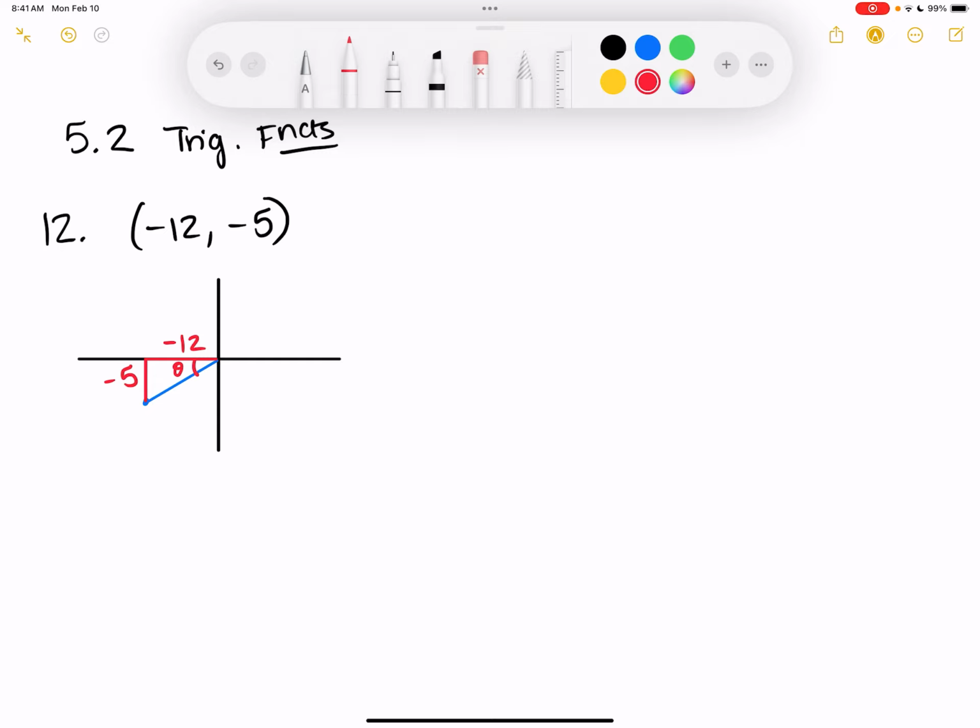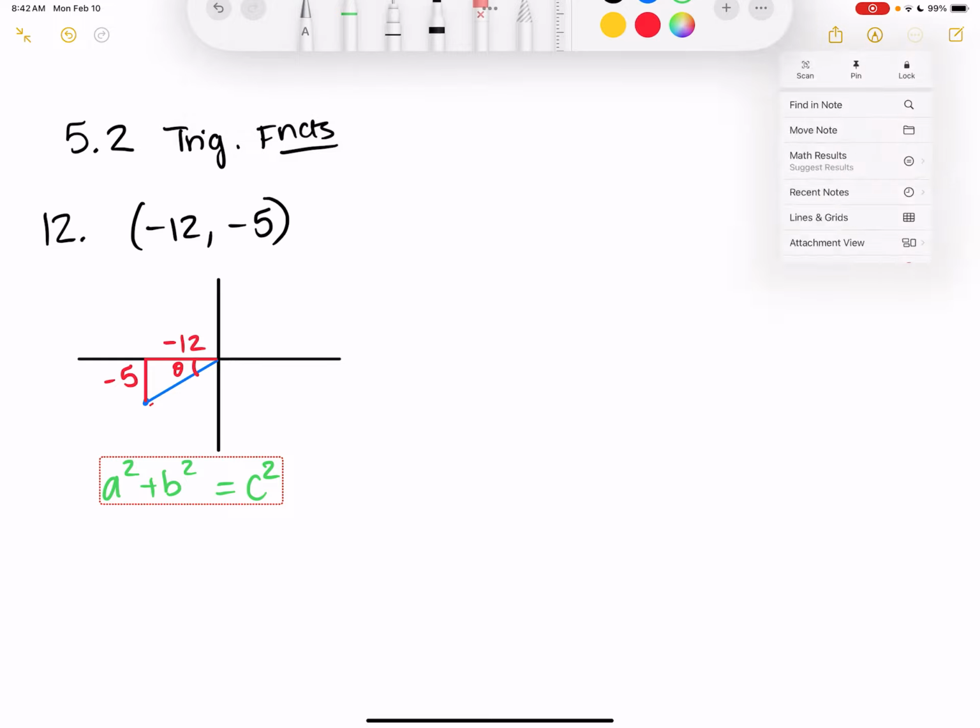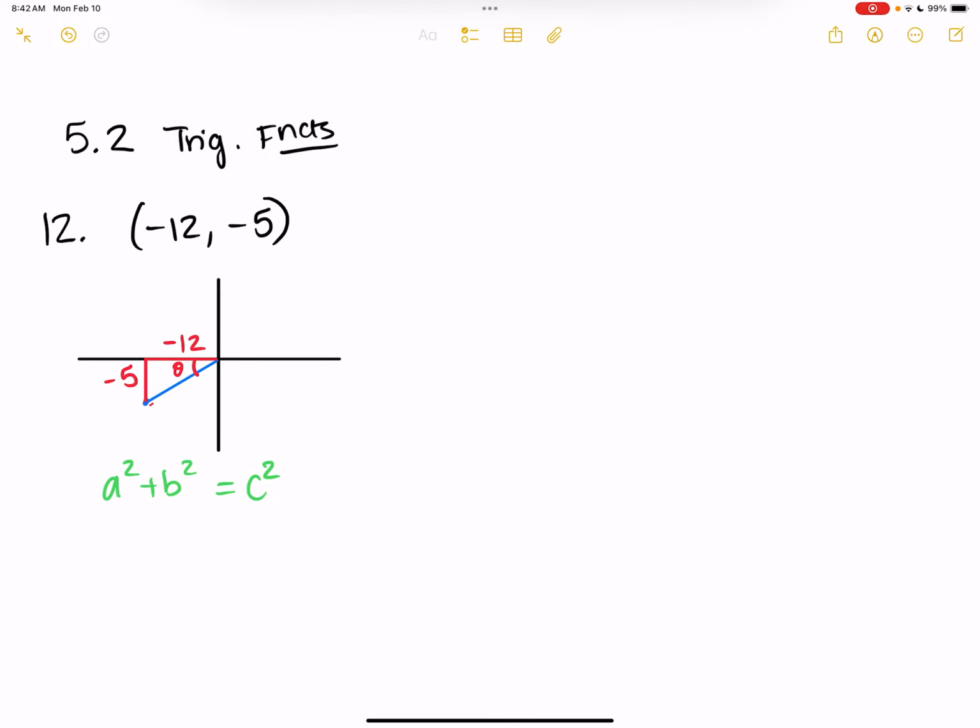So I need to solve for the other side, so a little throwback to geometry. I need the Pythagorean theorem, which, again, I don't necessarily write this every time, but a squared plus b squared equals c squared. So the hypotenuse is the c part.